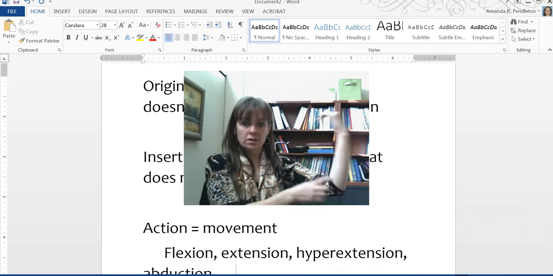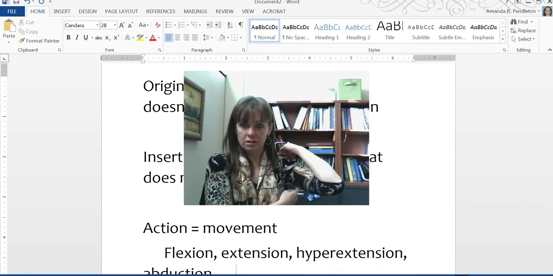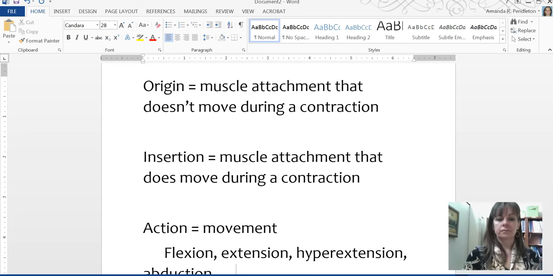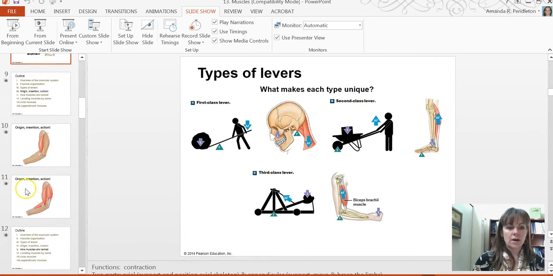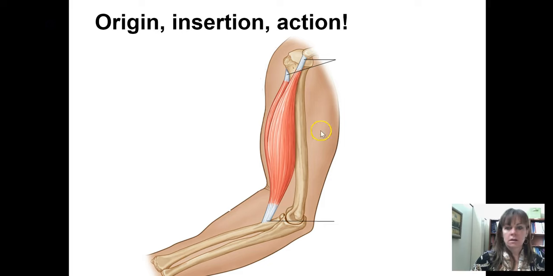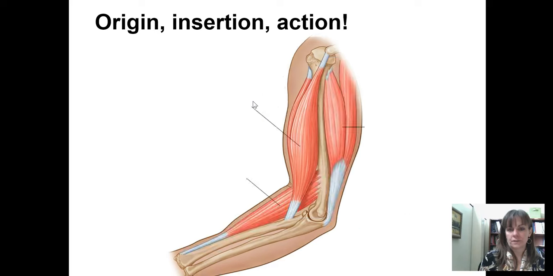So origin, insertion, action. There's the origin of that muscle I was just showing you, up here. Down here is the end that moves, that's the insertion, and the action is when you actually get flexion.